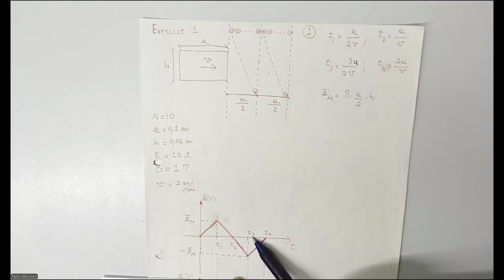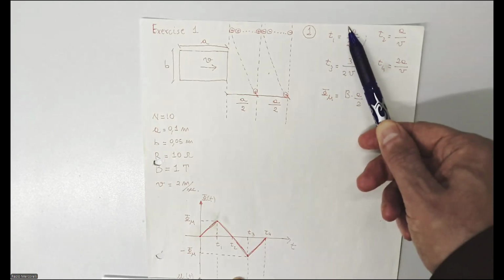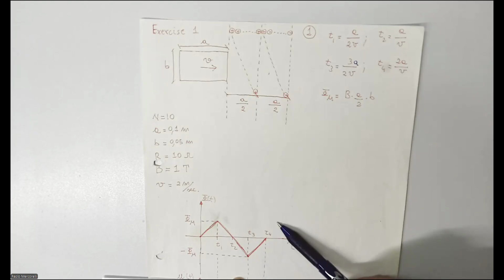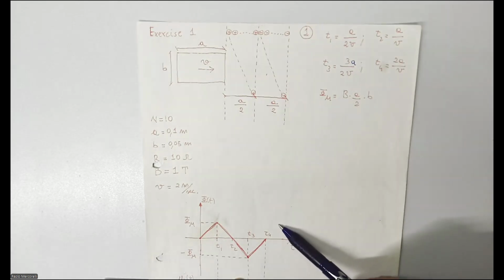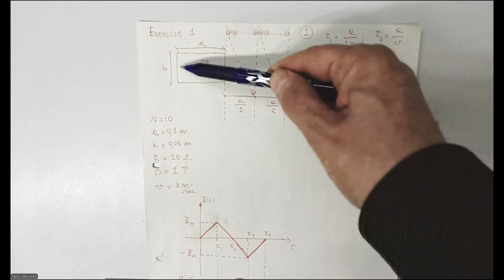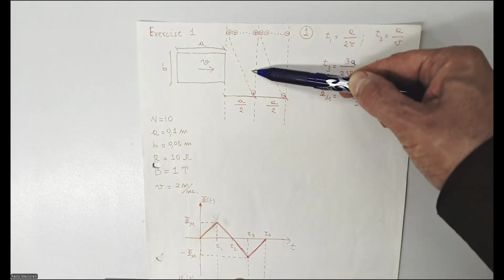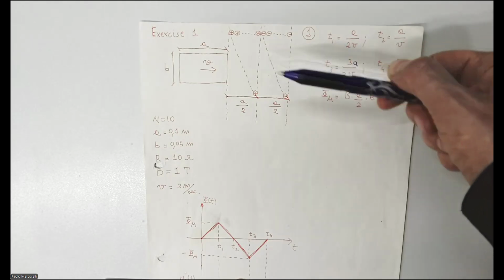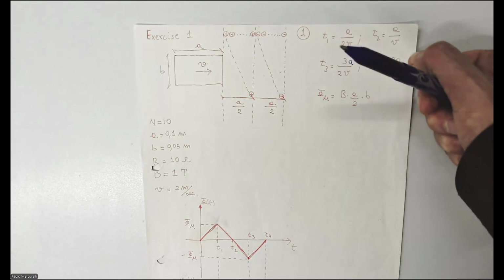Then T3. T3 is easy because it's 3 times this, because each part has the same length. Why is it now going positive, excuse me, towards 0? Positive in the sense, let me see, towards 0. Because when all these conductors have the maximal negative, going right, I exclude over time more and more, linearly, of course, negative.